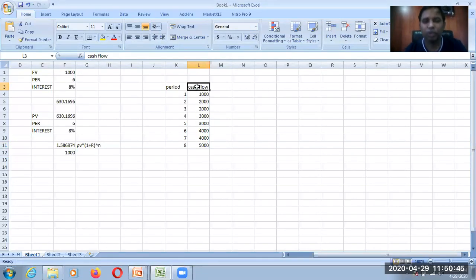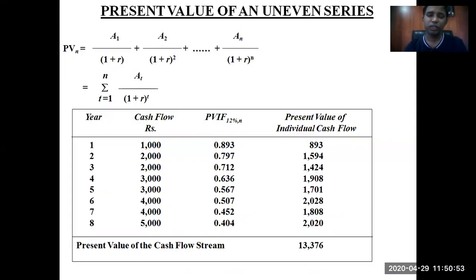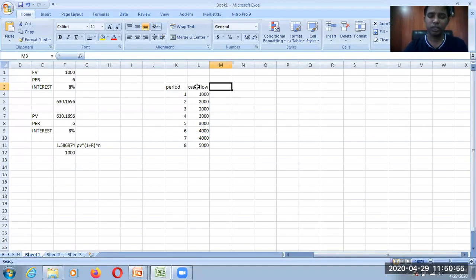This is not an even series. Every time your cash flow changes, it is increasing every time, right? So we are going to discount this at 12%. So the present value interest factor for 12% for n years will be somewhat like this; let me subscript this so that it is easy to understand.